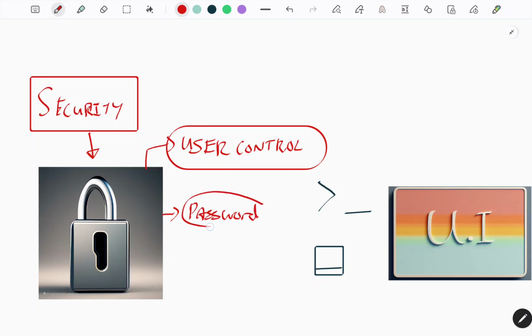These are all roles of the OS to ensure security. It is the backbone of the security of your files, folders, programs, everything.